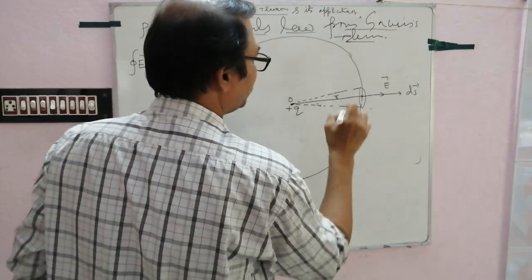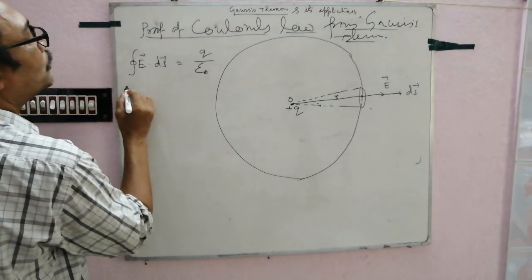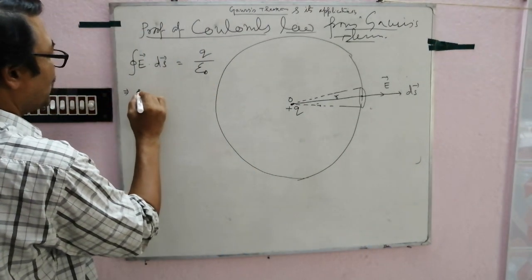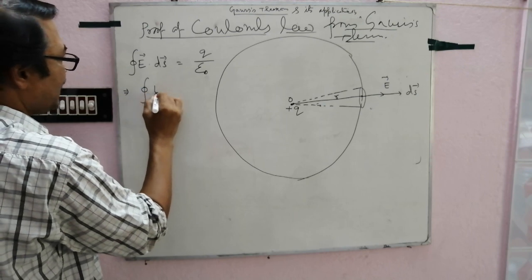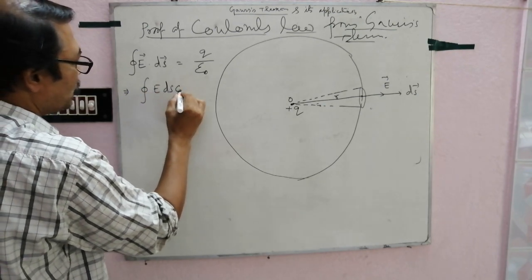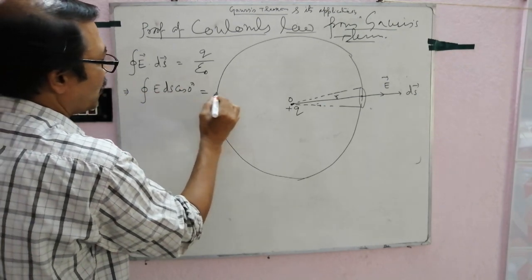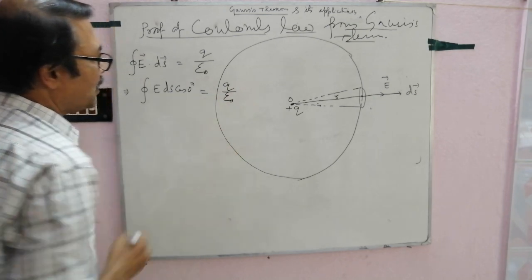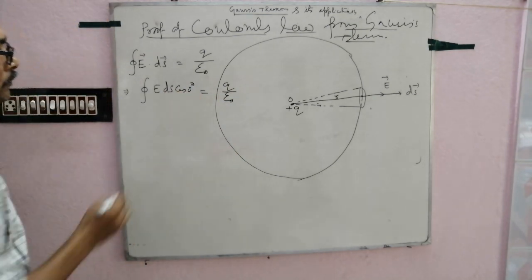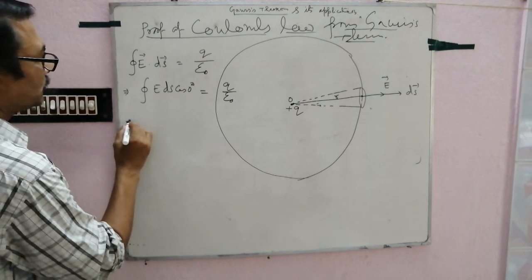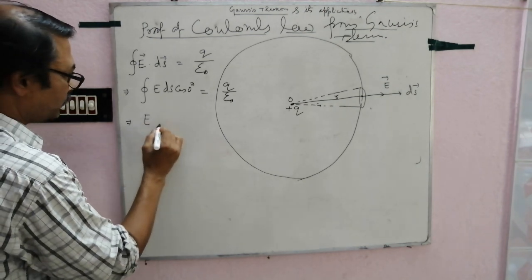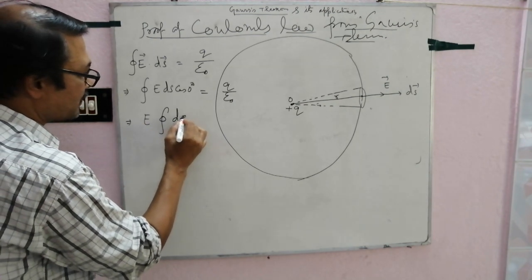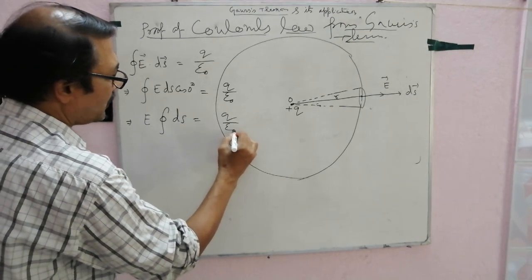This is the ds. E and ds are at the same angle, so E ds cos of 0 degrees equals Q by epsilon naught. Follow: E integration of ds equals Q by epsilon naught.